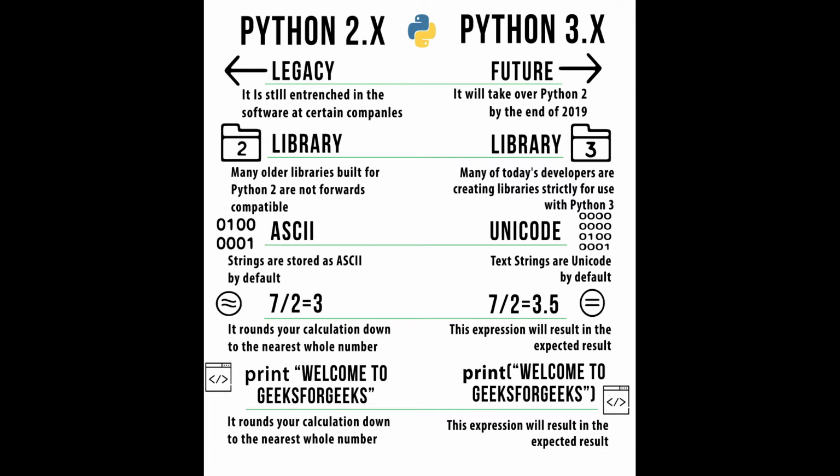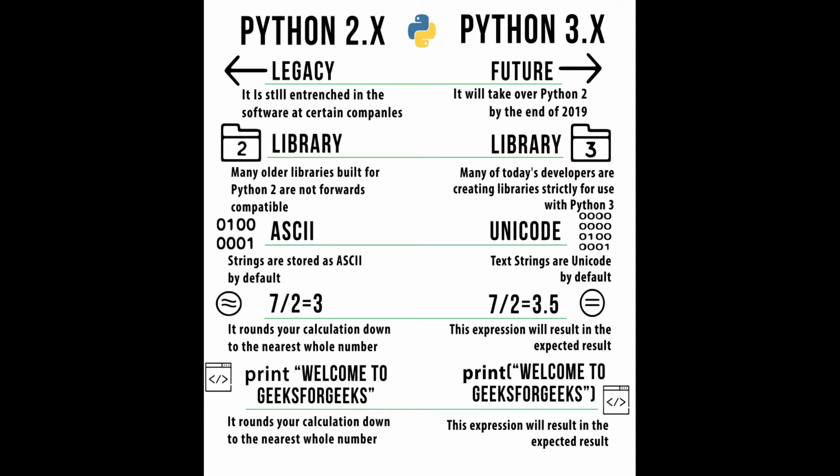Now, talking about division. When we do division in Python 2.x, it gives an integer value, that is, 7 divided by 2 will give you the integer 3, but when you do so in Python 3.x, you will get a real value, a float value. You can see that on the screen. Now talking about the print function, what does it do?